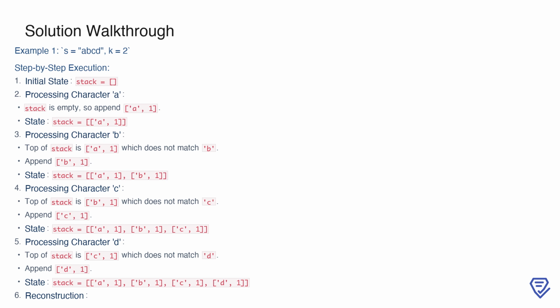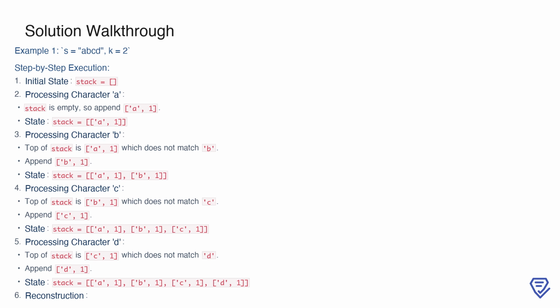To begin solving this problem, let's look at example 1 where the string is ABCD and k is 2. First, we initialize an empty stack to help us track characters and their consecutive frequencies. As we process the first character A, the stack is empty, so we append A1, indicating that it appears once. Moving to B, the top of the stack contains A1, which does not match B, so we append B1.